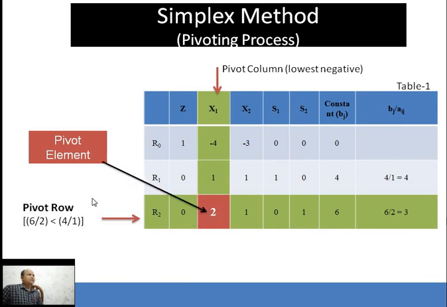According to the procedure of the simplex method, we have to convert this pivot element into 1, and the other elements of the pivot column should be 0. That is, this 2 must become 1, this 1 should be 0, and this -4 must be 0.